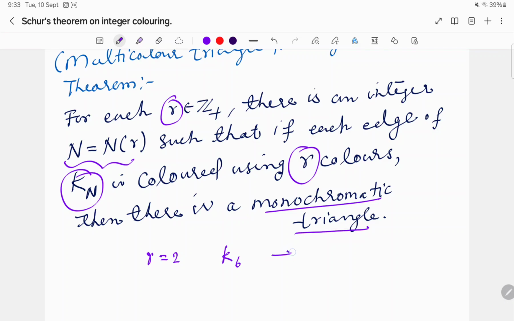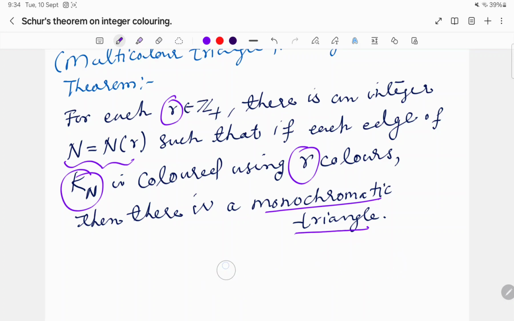Then I showed that there is a monochromatic triangle. So it is a special case with r equal to 2 and n equal to 6. So this n depends on the number 2. And if you ask me when r equal to 3, what is this n? I don't know. I mean, it's there, but at the moment, I don't know, right? And if you ask for r equal to 4, what is the n, such that if I color the Kn by 4 colors, I get a monochromatic triangle, I don't know, right?